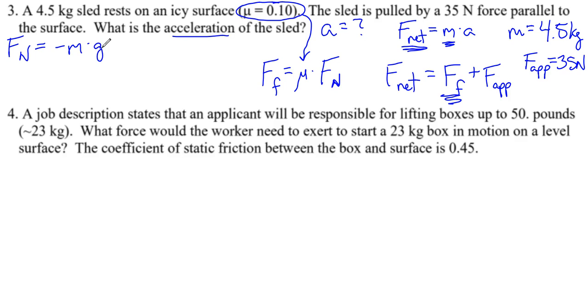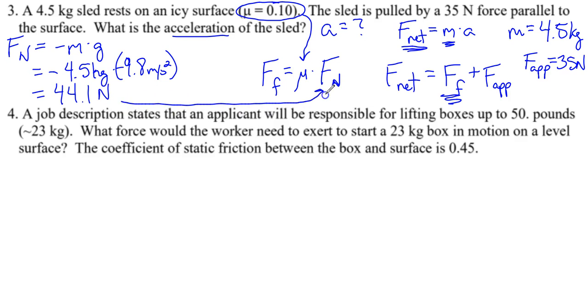The mass is 4.5 kilograms, and gravity is, of course, negative 9.8 meters per second squared. So our normal force is going to wind up being positive: negative 4.5 times negative 9.8 gives us 44.1. So our normal force is 44.1 newtons.